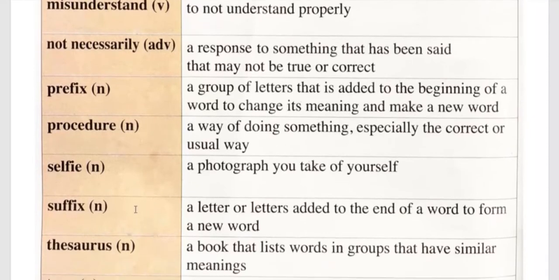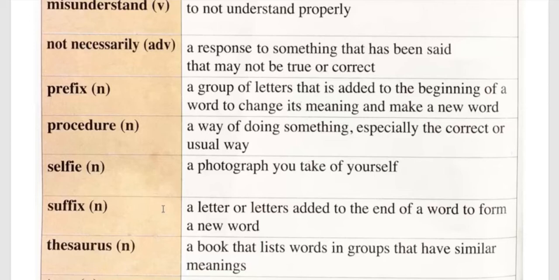On the other hand, here suffix, a letter or letters that are added to the end of a word to form a new word. It changes the parts of speech. Right? For example, if we have act, it is a verb, actor a noun, action a noun, okay, activate is a verb, and so on.